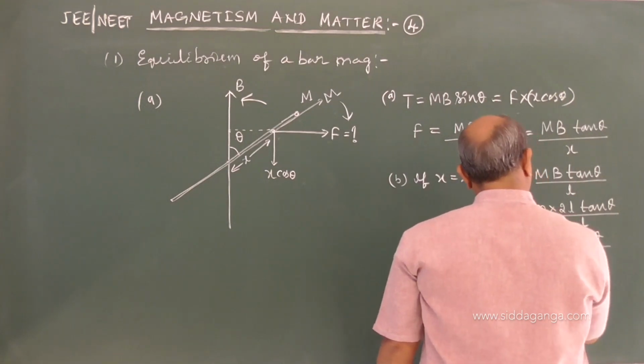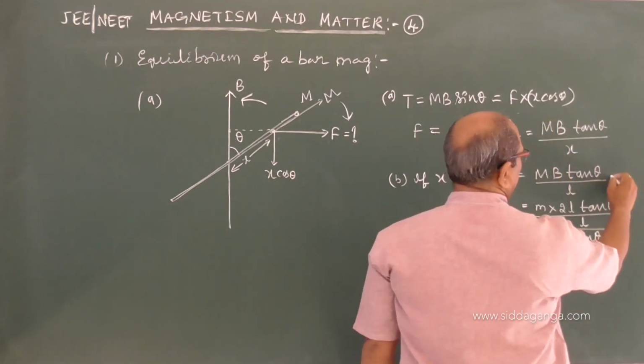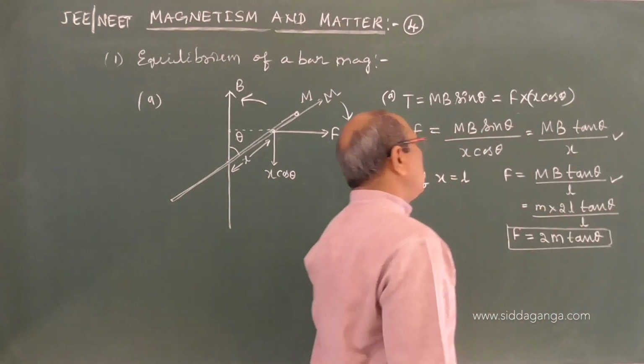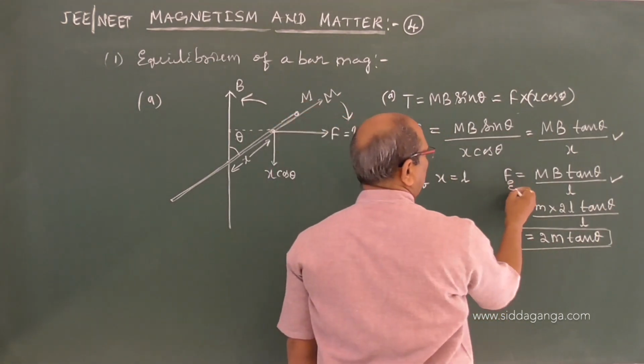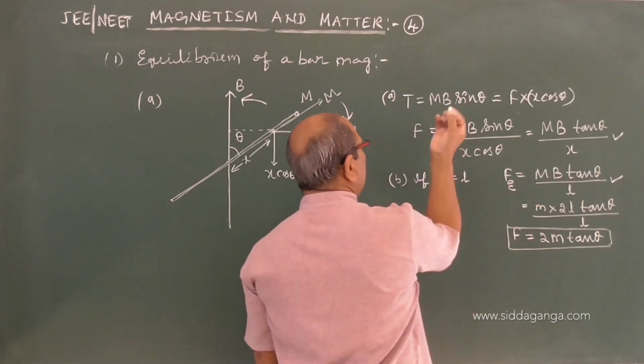In pole strength form, it is as it is in terms of moments. The force is applied at the end of the bar magnet, though it may be at any position.